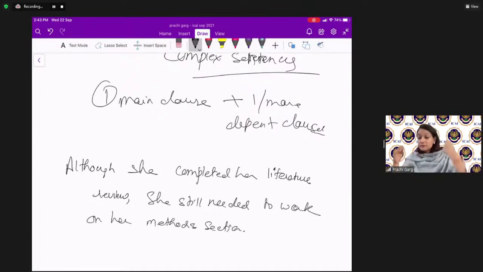Okay. Now, which is the main clause and which is the dependent clause here?